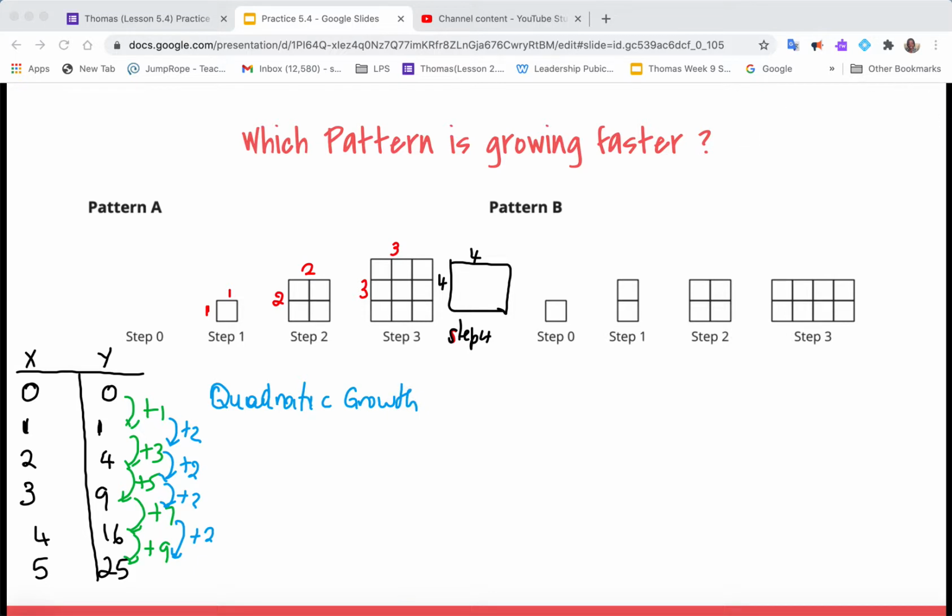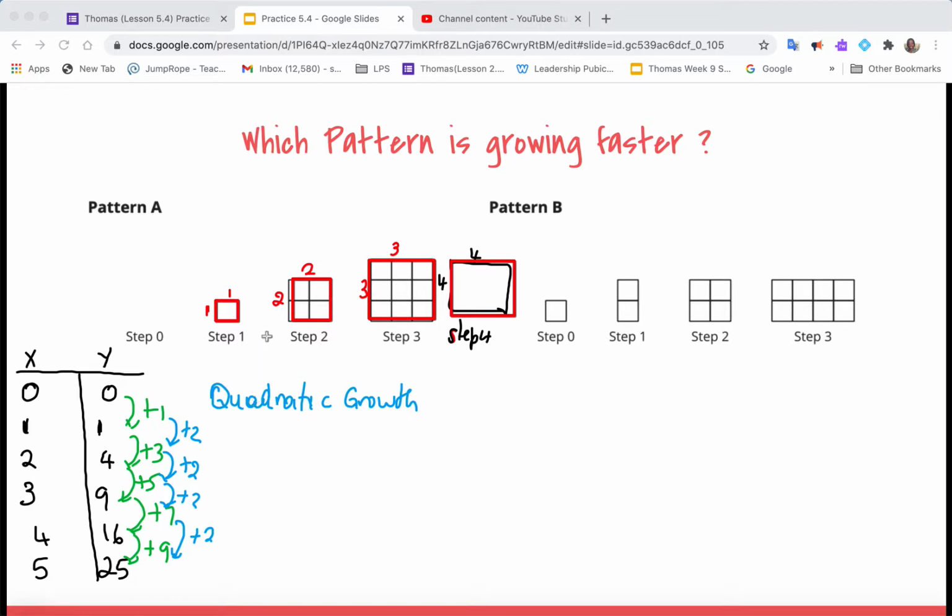And then for quadratic growth, we notice that there are squares, so squares are growing and increasing in size. And that's going to be true for the 4 by 4. So they're growing and increasing in size. So it's quadratic growth.